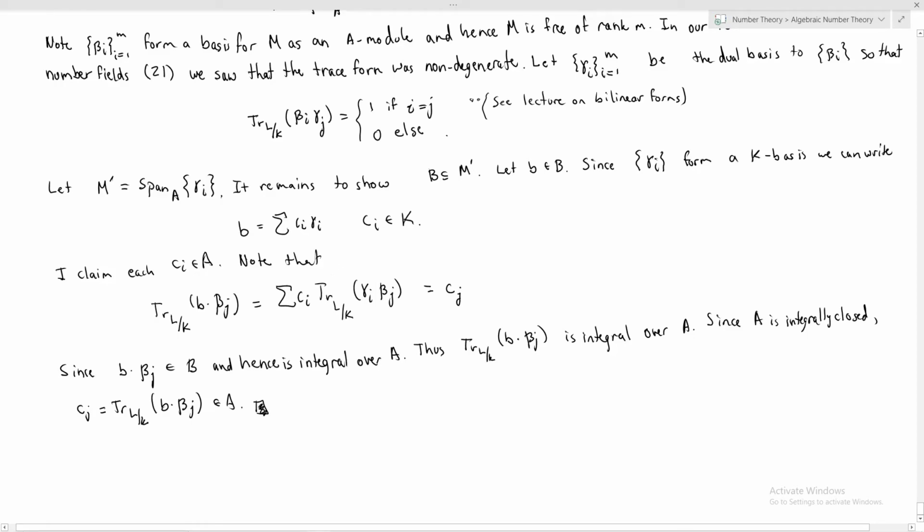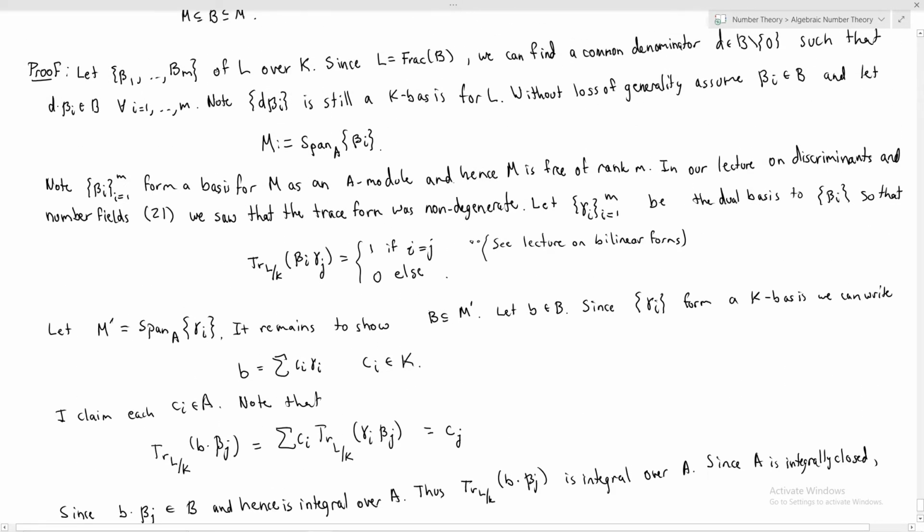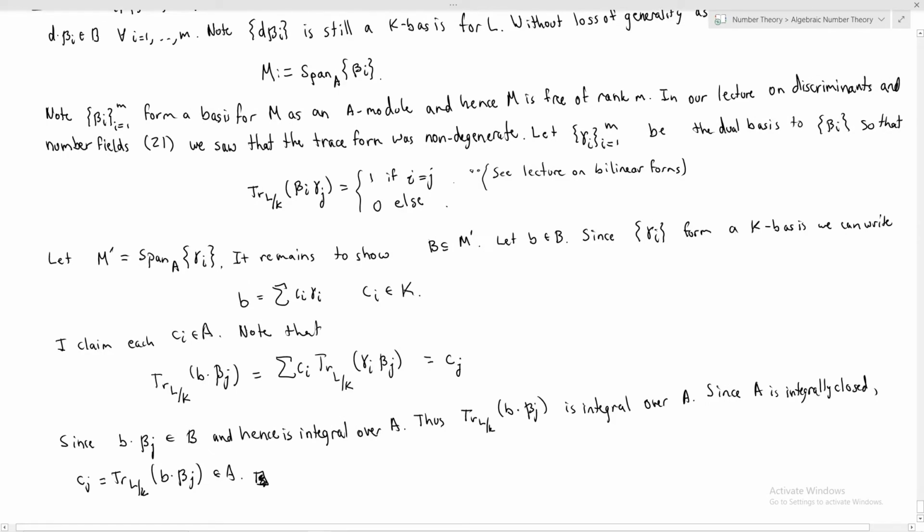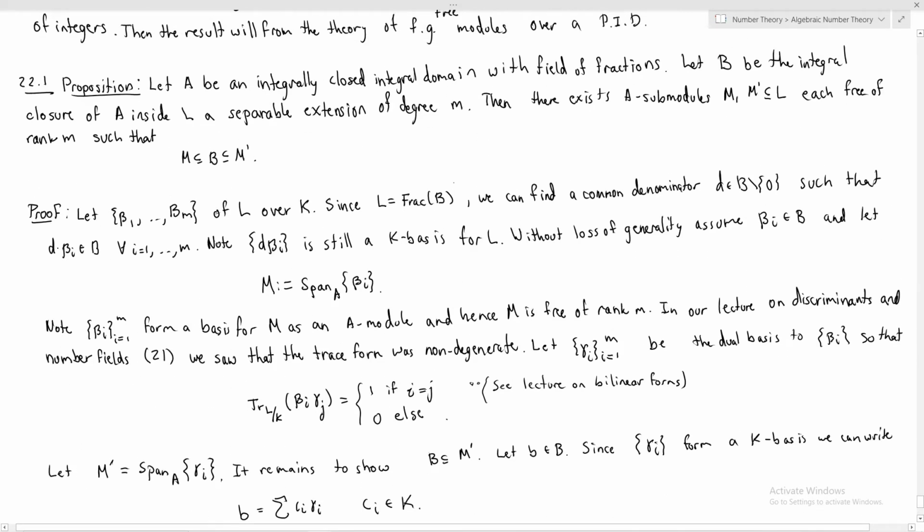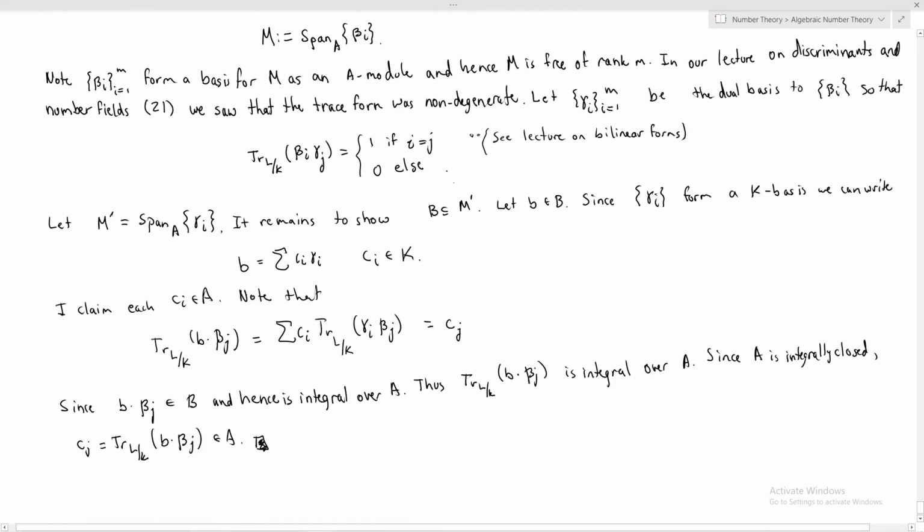Since we can choose these c sub i's to be in A, every little b in big B is in the A span of these guys, and hence B is contained in M prime. This proves that we can necessarily sandwich B between two free A modules of the same rank.